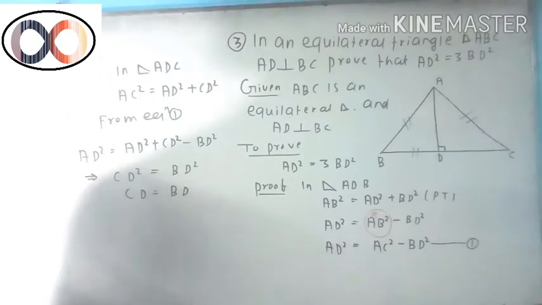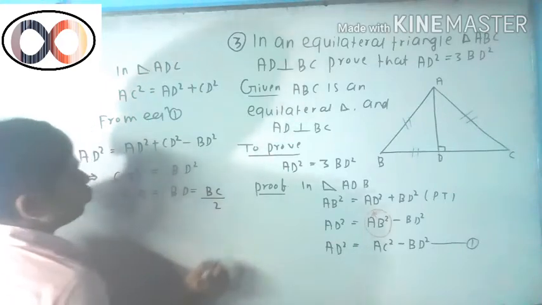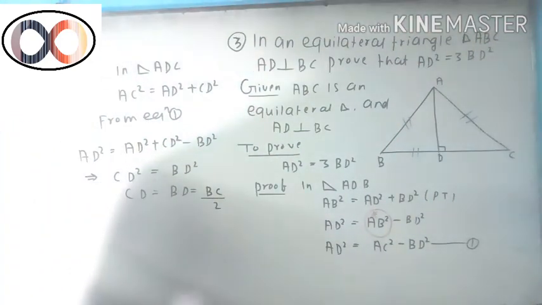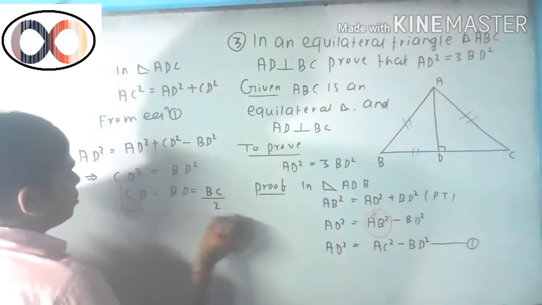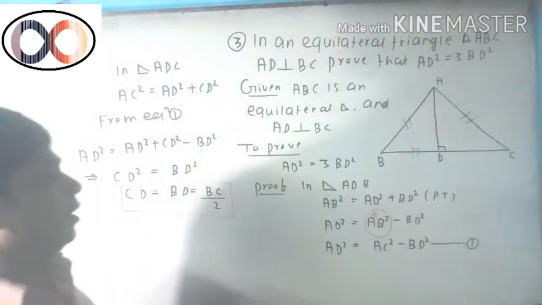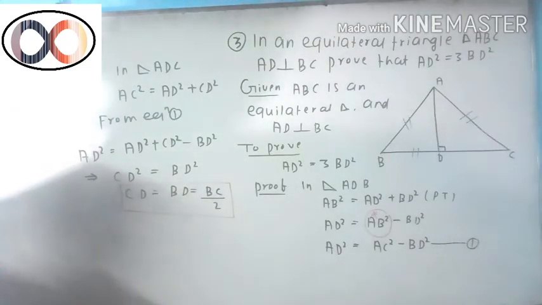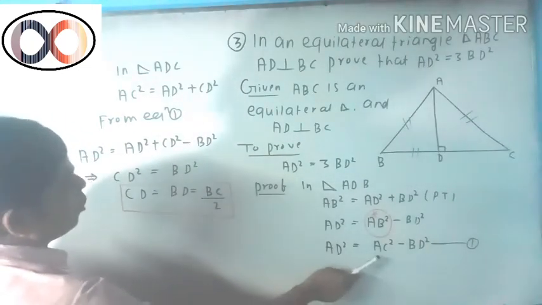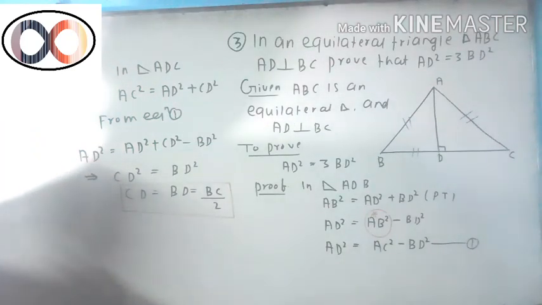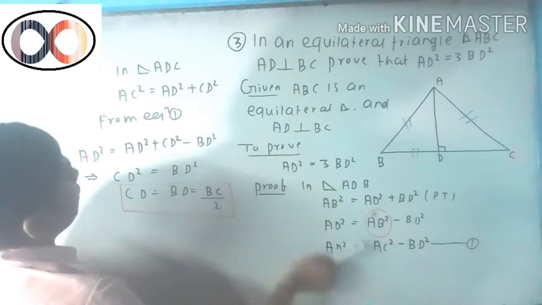So CD equals to BD, and BD equals to half of BC, that is BC by 2, and BC is equal to AC, and AC is equal to AB. This is the turning point for this question. So CD equals to BD, BD equals to BC by 2. The value of AC square is AD square plus CD square.